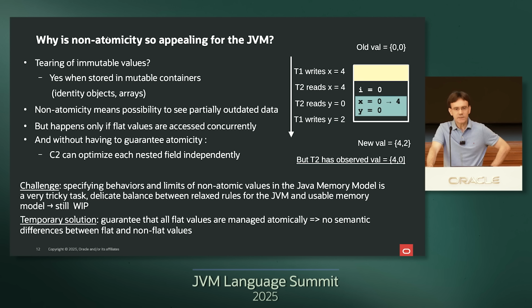It reads the x field, finds 4, reads the y field, finds 0. And finally, the thread T1 completes the update by writing the field y with content 2. The original value was 0, 0. The new value is 4, 2. But thread T2 has been able to observe the value 4, 0 that should have never existed.